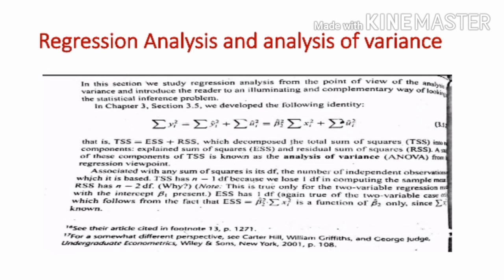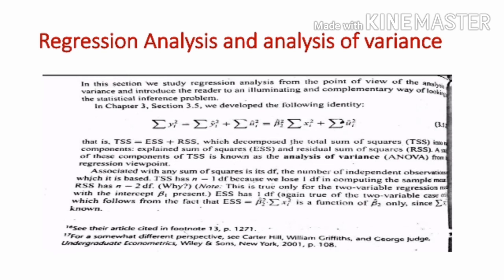This equation is repeated from lecture number 4. TSS equals ESS plus RSS, which decomposes the total sum of squares into components: the explained sum of squares and the residual sum of squares, known as the analysis of variance.